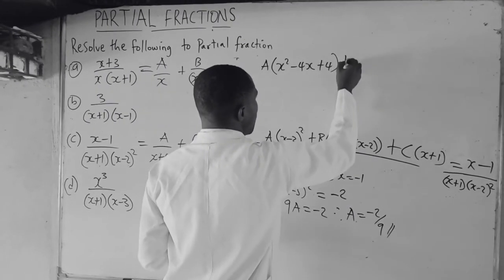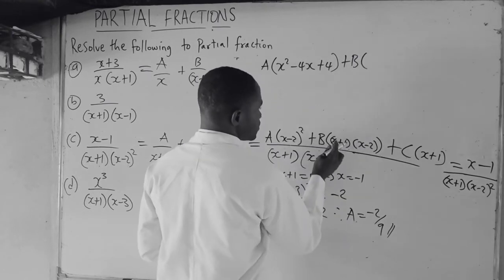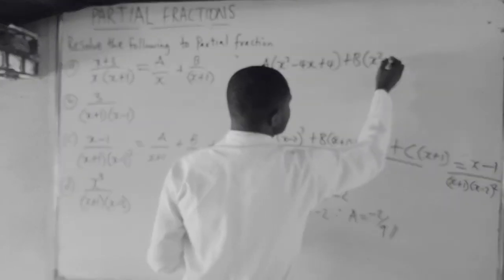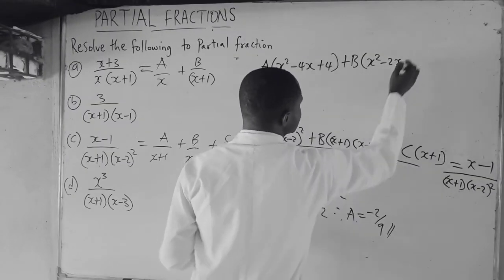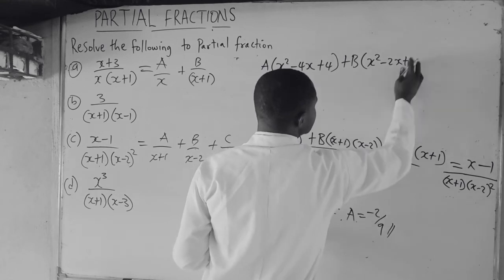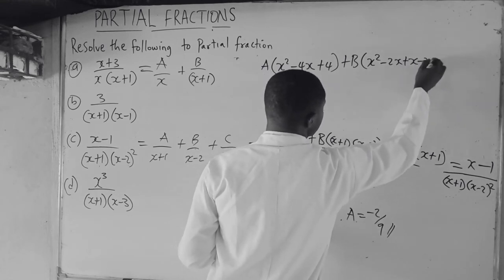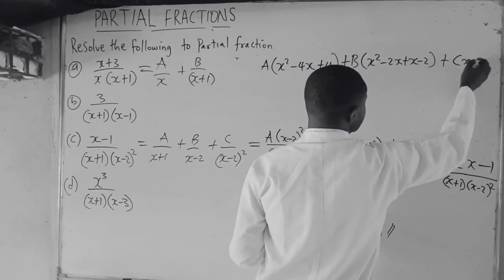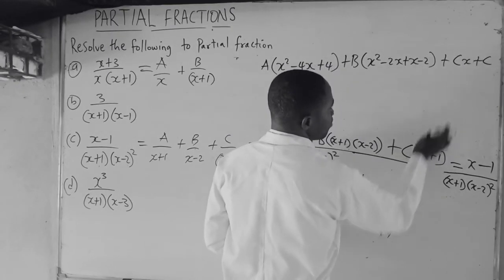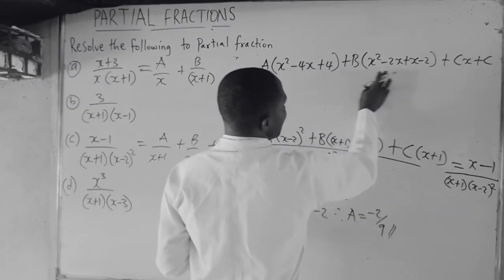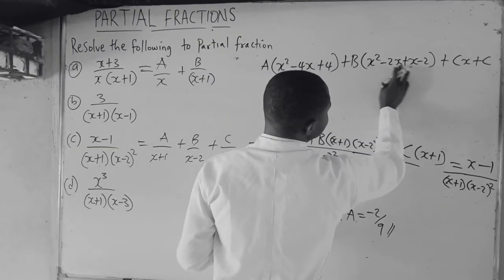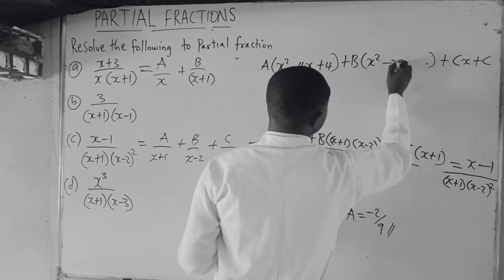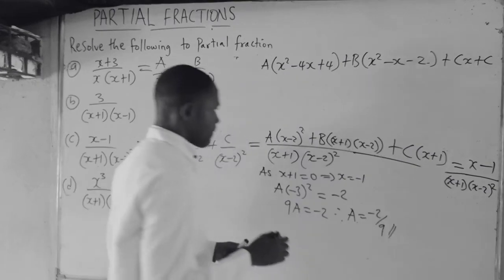Then plus b bracket, this times this, s squared, this times this, minus 2s, this times this, plus s, this times this, minus 2. Then plus cs plus c, because once they multiply, they give you this. Now if I sort out minus 2s plus s, that will give us minus s, then minus 2.